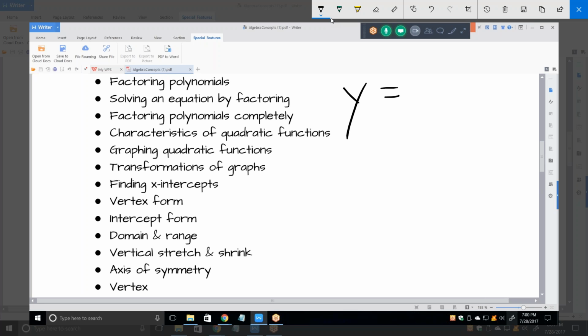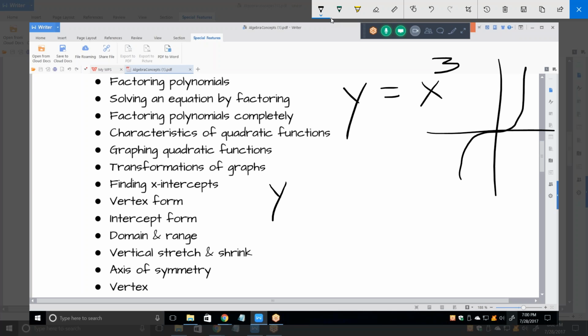What if it was y equal x cubed? It's a different parent function. In fact, that parent function looks like this. Now, what if I said y equals minus x cubed?